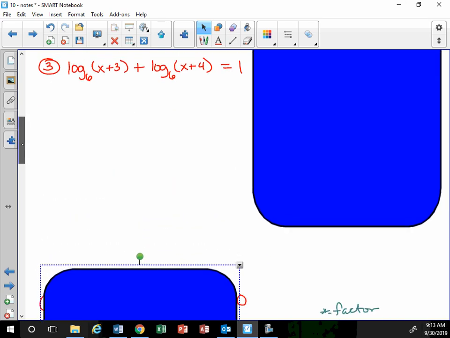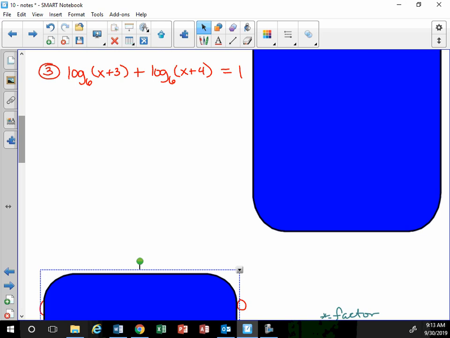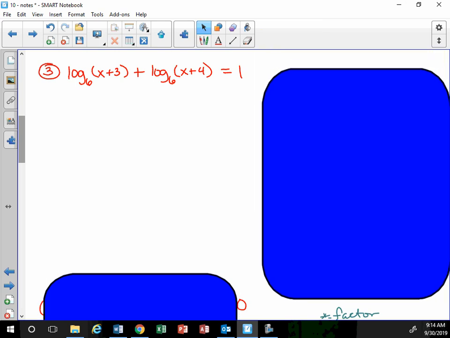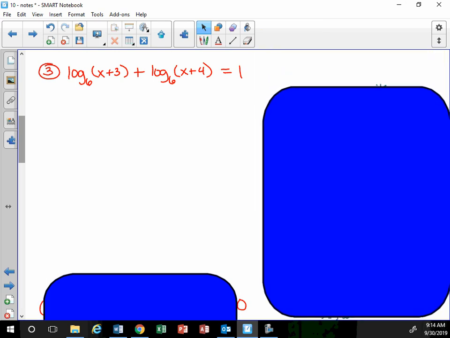So we've got log base 6 of x plus 3 plus log base 6 of x plus 4 equals 1. Any thoughts as to where we should start?